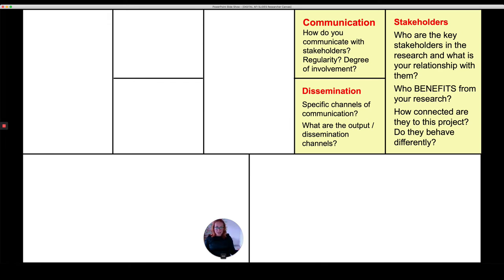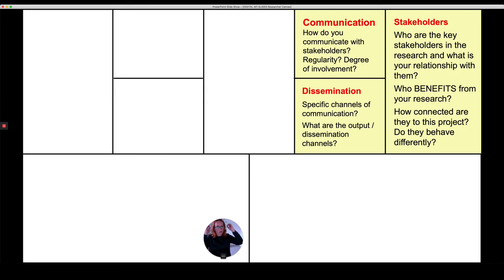So what I suggest here is that you approach completing these elements of the canvas initially in the form of a brain dump. Okay, sketch it out, free write if you like. The idea is not for you to produce an absolutely perfect canvas at this point.